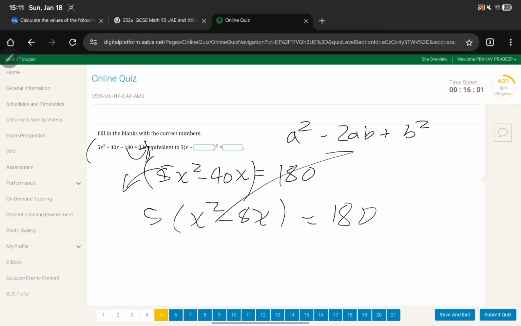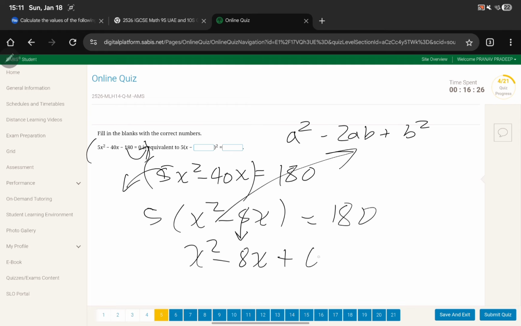Get this in the form of that, so this 8x is nothing but 2ab, so it's 2x, and b is definitely 4, right? So it's going to be x squared minus 8x plus 4 squared.